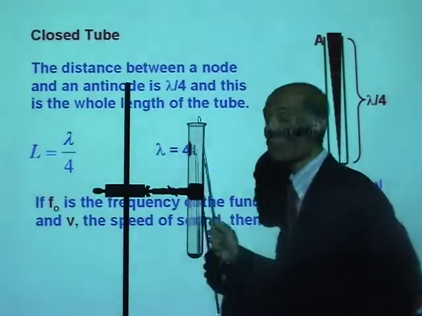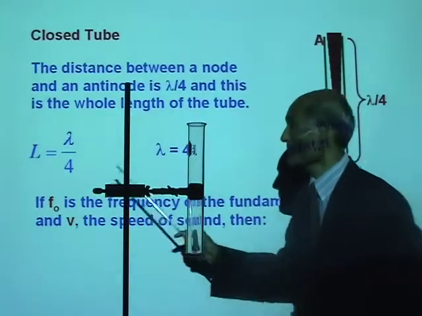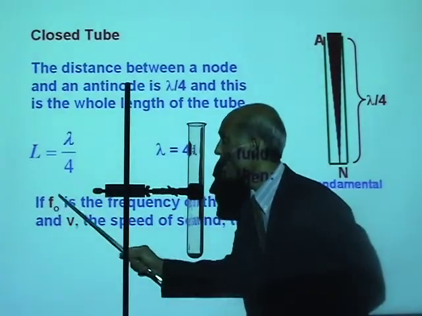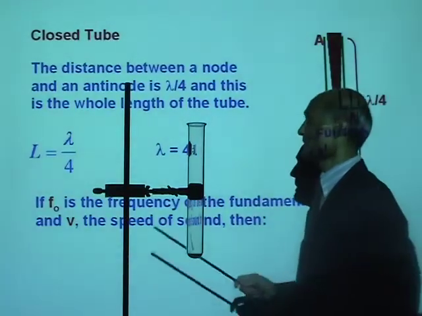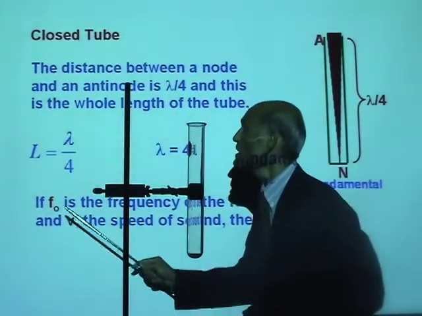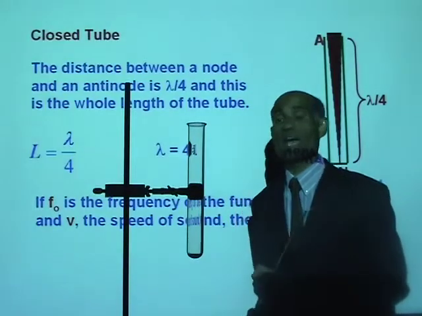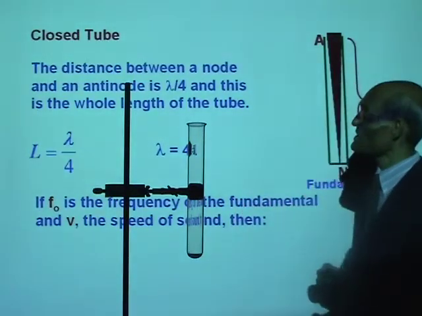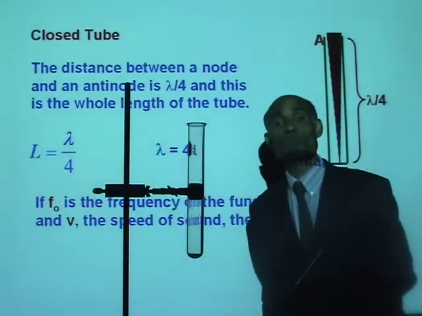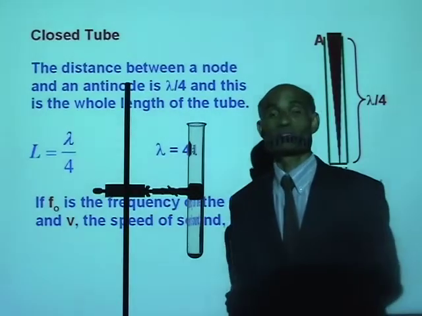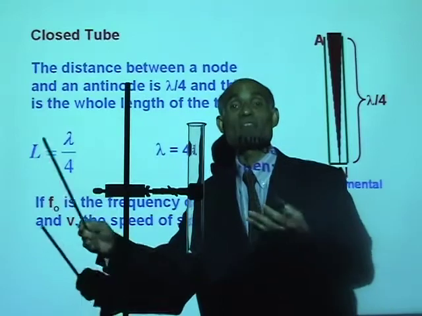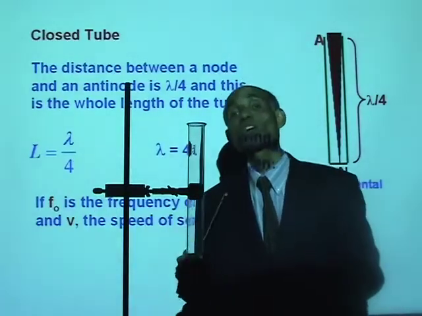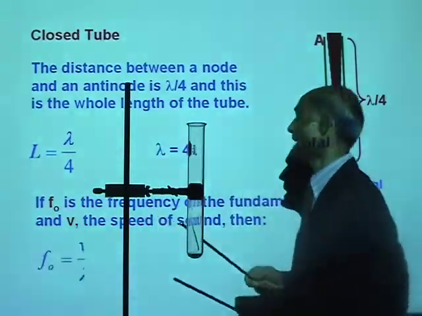Well, what is the frequency of the fundamental? I'm going to call this one F0, the frequency of the fundamental. And if V is the speed of sound in air, can you write an equation for the frequency of the fundamental? Well, you know the wave equation, V equals F lambda. So F equals V over lambda.